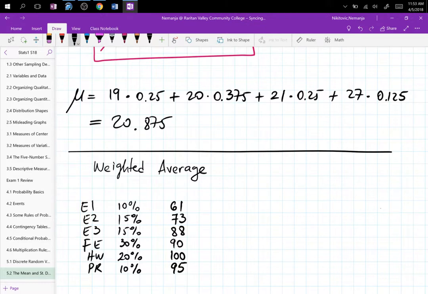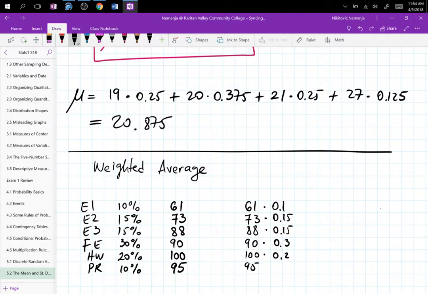So now when you have this stuff, you are going to multiply these grades. 61 times 10%, that's 0.1. 73 times 0.15. 88 times 0.15. 90 times 0.3. 100 times 0.2.